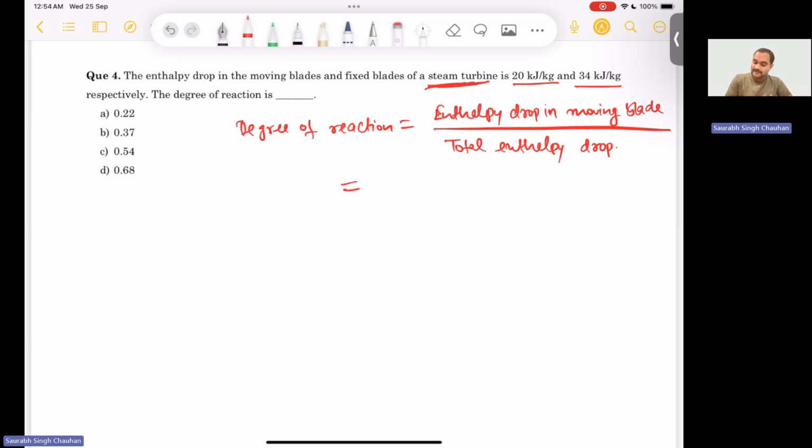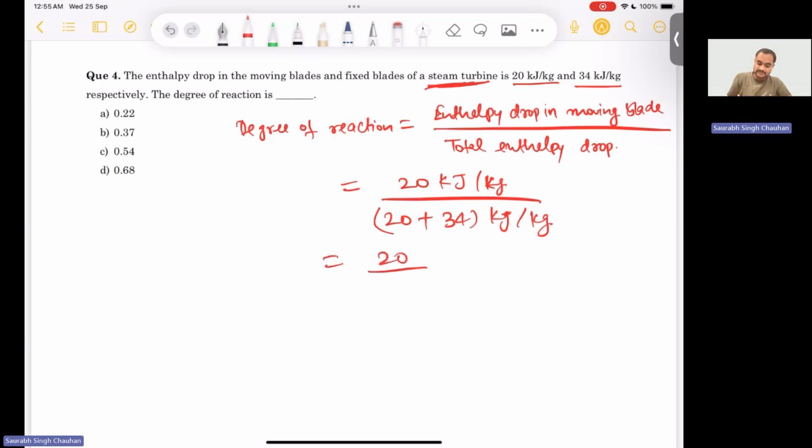So enthalpy drop in moving blade is given to be 20 kilojoule per kg, and total enthalpy drop will be the summation of these two components, 20 plus 34 kilojoule per kg. So you can calculate this value.